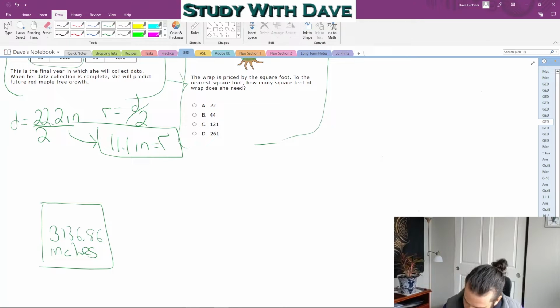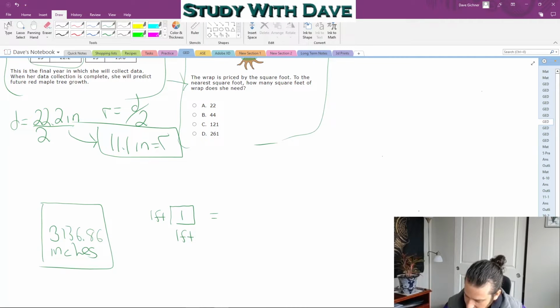And remember, if we have, let's say, a 1 foot by 1 foot, that is 1 square foot, or 1 foot squared.